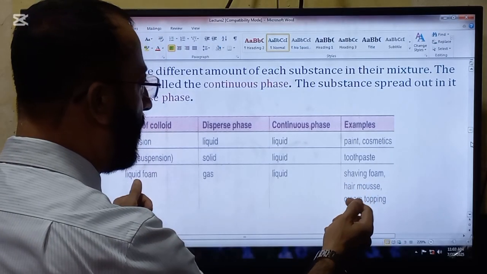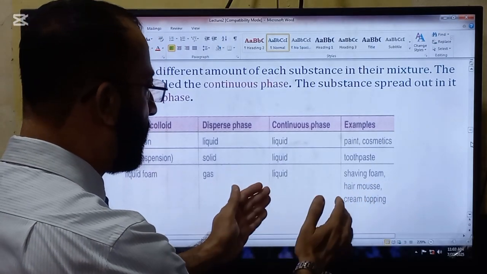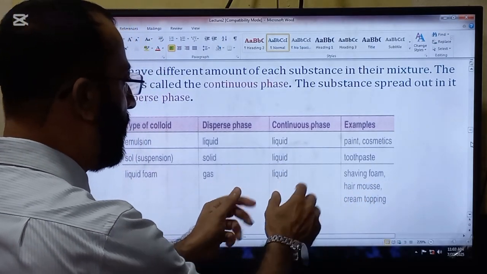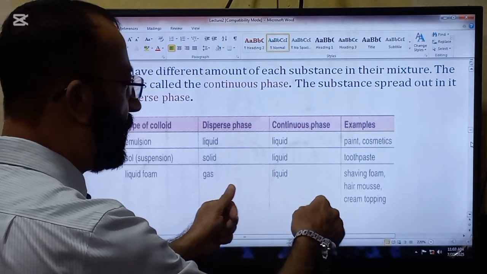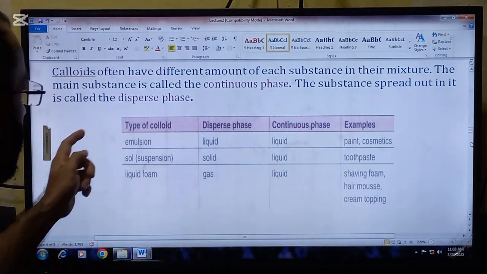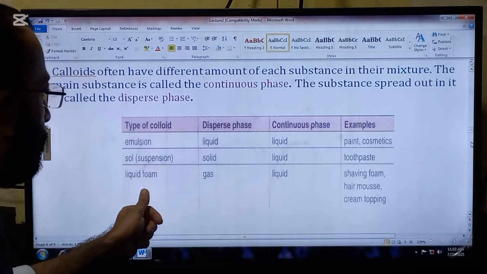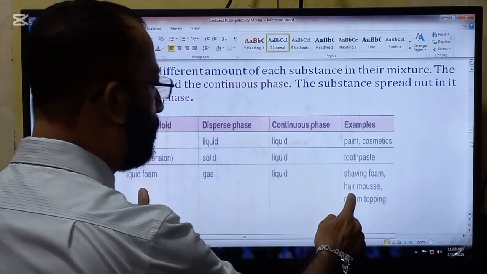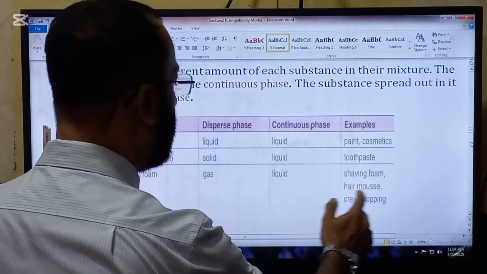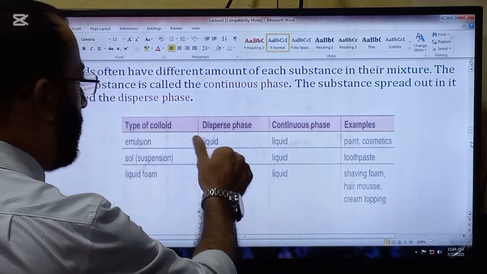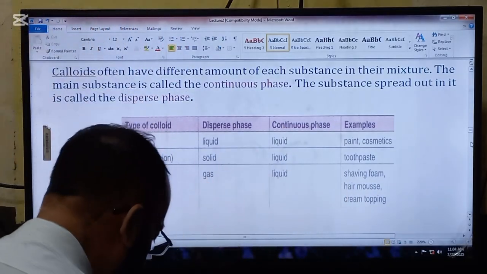In toothpaste, the main phase, the continuous phase, is liquid, and some solid is also there. Another type of colloid is liquid foam, which is used in hair mousse, cream topping and shaving foams. The continuous phase is liquid and the dispersed phase is gas.